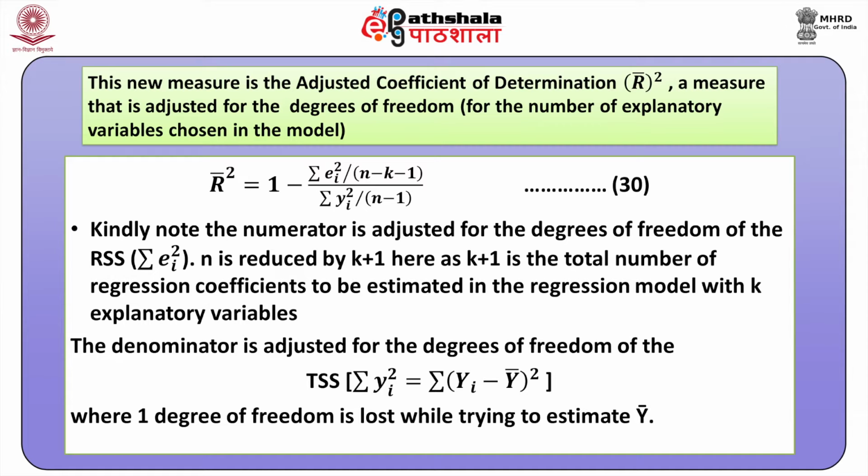N is reduced by k plus 1 here, as k plus 1 is the total number of regression coefficients to be estimated in the regression model with k explanatory variables. Likewise, the denominator is adjusted for the degrees of freedom of the TSS, sigma yi square, which is equal to sigma yi minus y bar whole square, where 1 degree of freedom is lost when trying to estimate y bar.